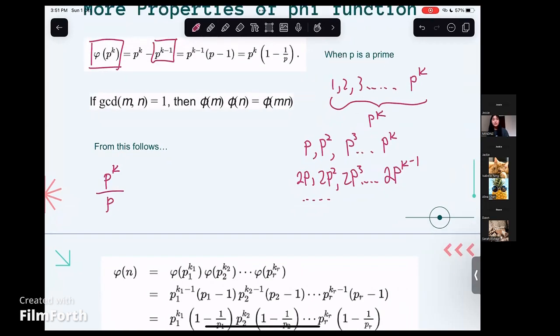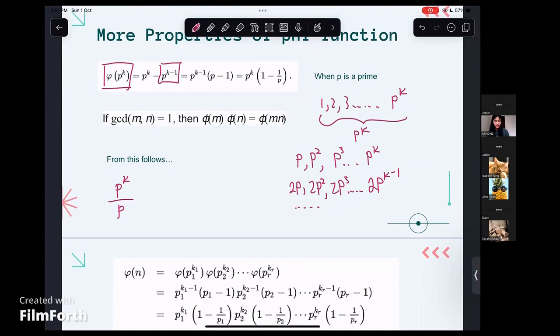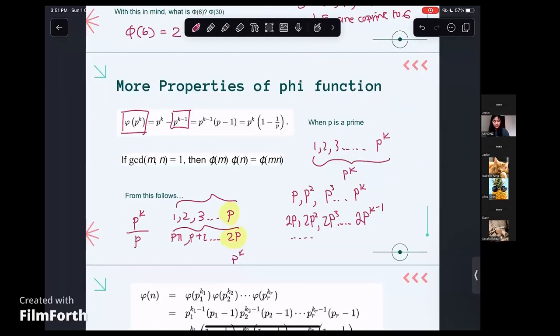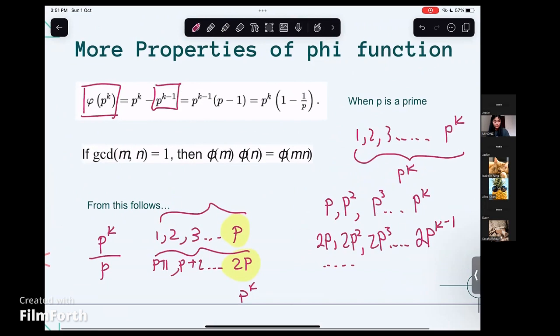So every p numbers, so 1, 2, 3, p plus 1, p plus 2, 2p, every p numbers there's a factor of p. So that's why we divide by p. So we want to remove all these numbers. So in total, there should be p^k divided by p. So it accounts for both of these parts. And if we factorize it a little bit, we get something like this. Does this make sense to everyone?